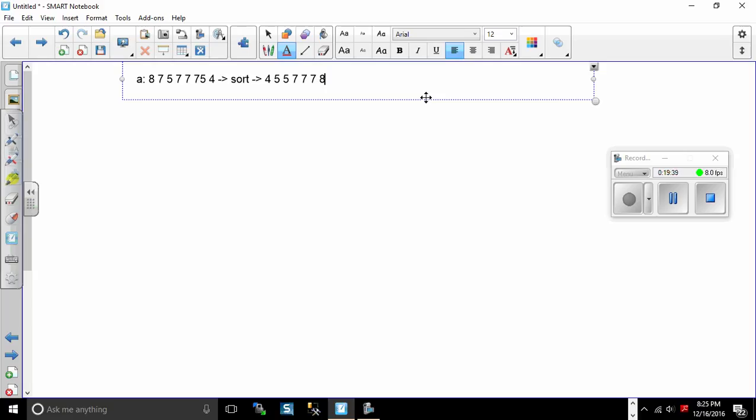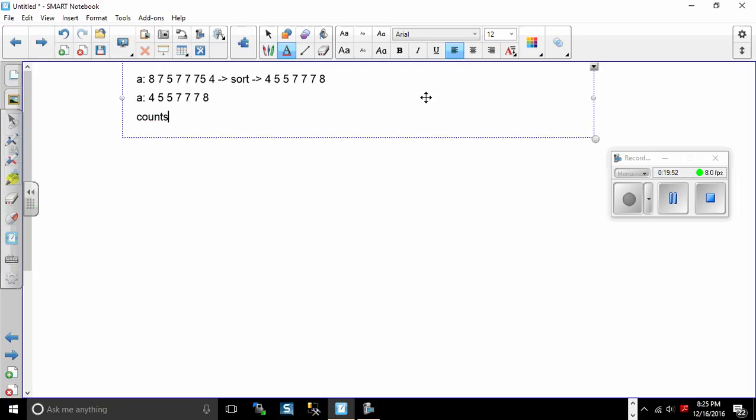Then our counts on the sorted array would proceed like this: 4557778, and the counts would be 1, 1, 2, 1, 2, 3, and 1. So it's a little bit different way of dealing with the counts.